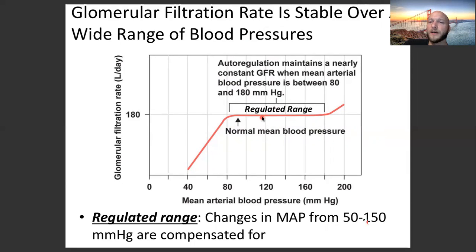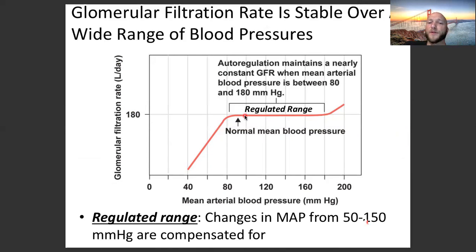So this is how a question might look, and this will be good practice. See if you get this concept. Dan has a glomerular filtration rate of 180 liters a day. Dan's MAP is 100. At 100 MAP, his glomerular filtration rate is 180 liters a day.